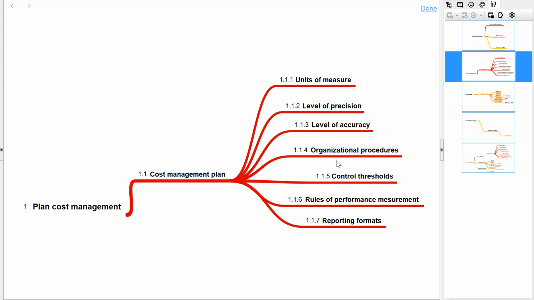Then the organizational procedures to be followed for cost management. That also must be referenced from the cost management plan. And sometimes we should decide on the control thresholds. For example, some project managers can be very high risk takers, whereas some others can be very low risk takers.